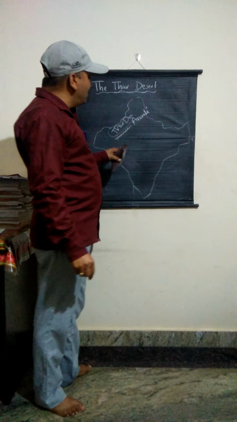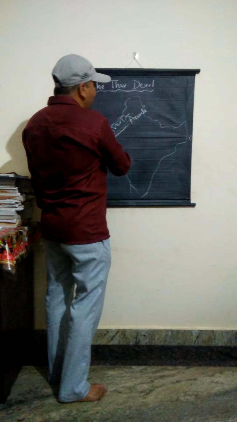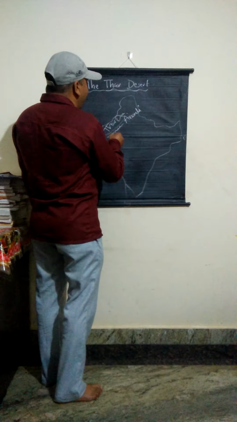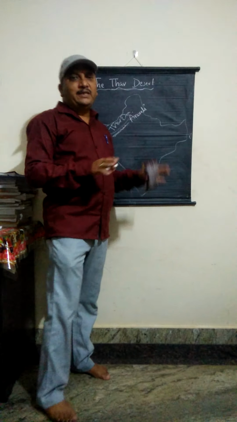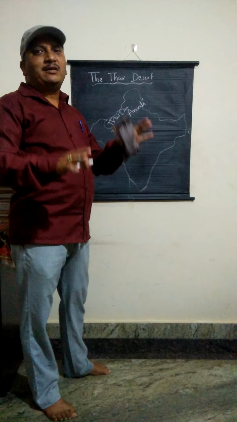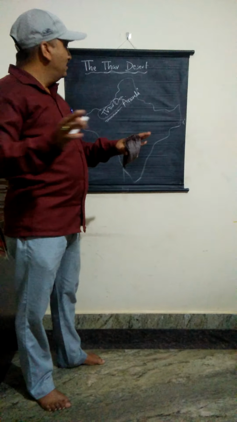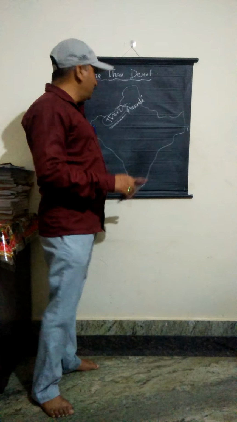The features of the Thar Desert: here we can observe undulating sandy plains and rocky outcrops. That means the sandy plains are completely undulating, and here we can also observe rocky outcrops.